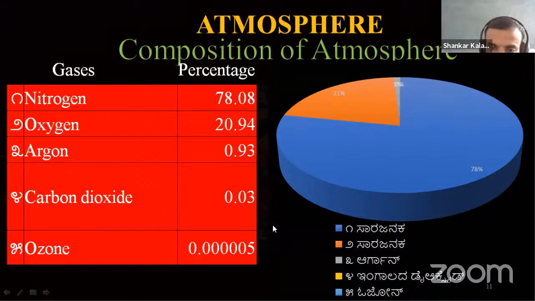Carbon dioxide is 0.03, and ozone gas is 0.00005. In the exam, just mention the gas names, and then remember these percentages also, if it is possible.